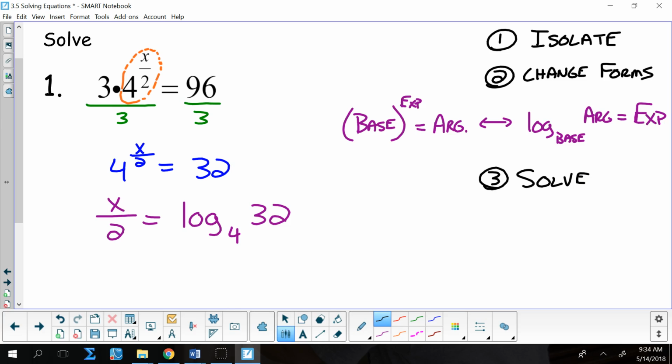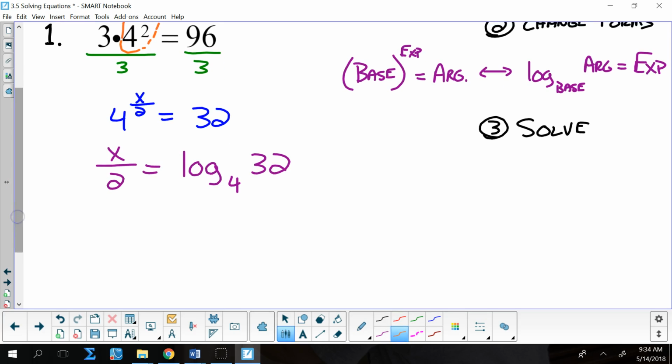Now, if you're not familiar with what log base 4 of 32 is, by the way, it's 2.5. If you didn't know that right off the top of your head, you have one of 3 options at your disposal. You have the change of base formula. So you could say that this is the common log of 32 divided by the common log of 4, which again was part of the video on Friday.